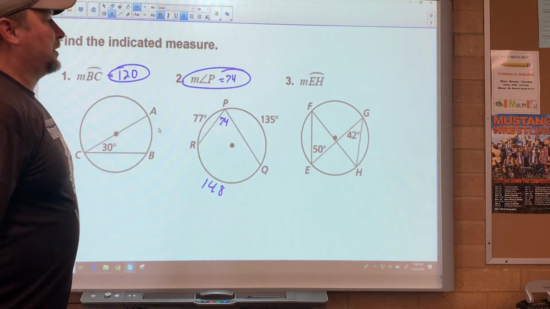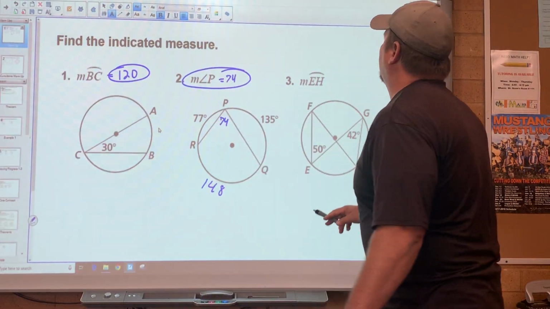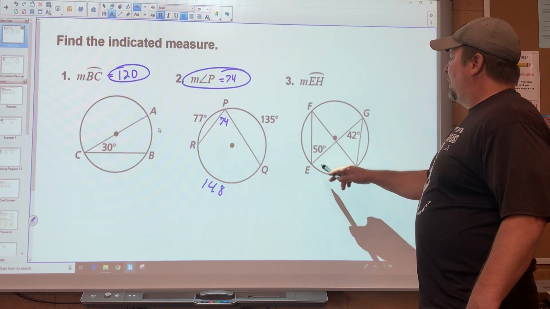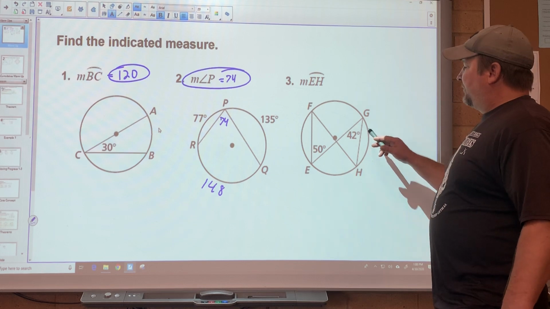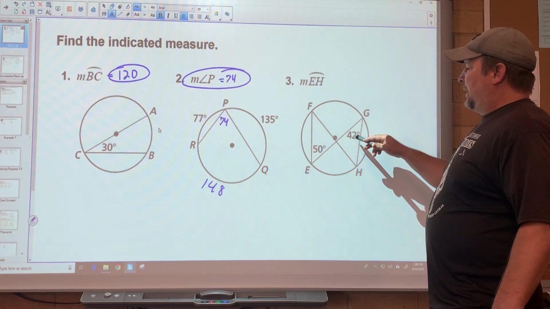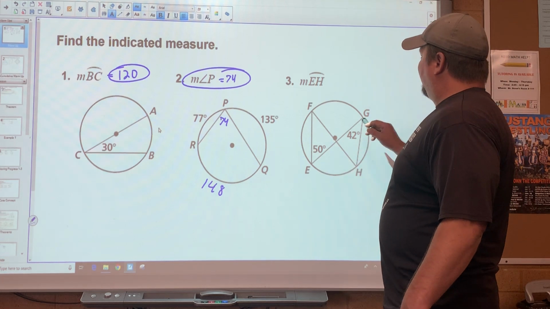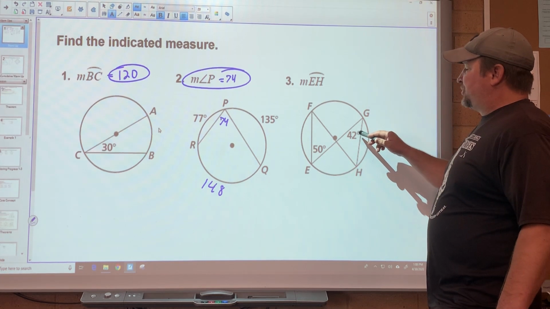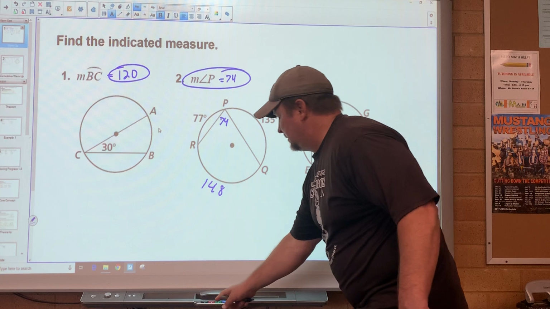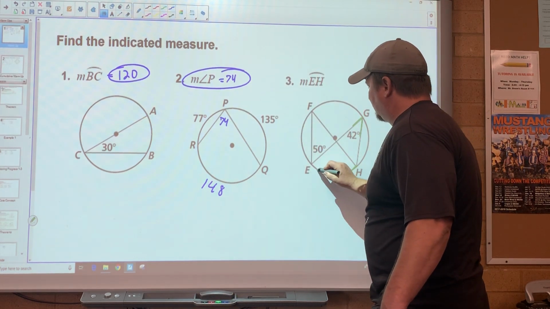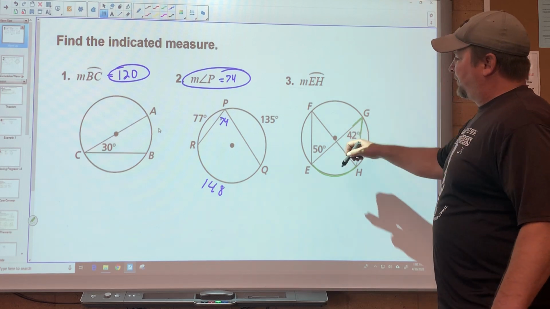Okay, and our last one over here, we want to find the measure of arc E to H. E to H is this one. We have angle 42 right here that creates it. So angle 42 is this one. It's creating this arc. We know it's inscribed, therefore it should be double.